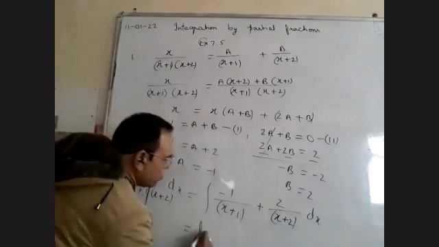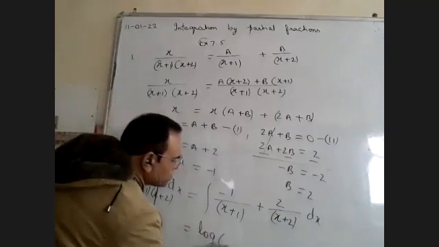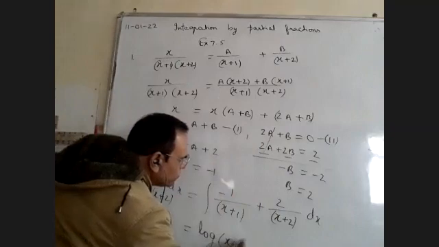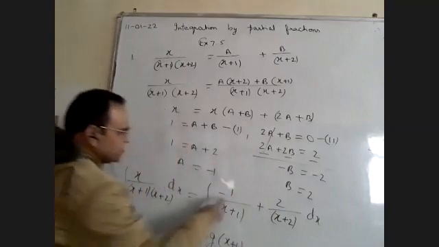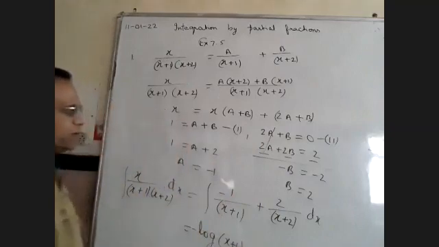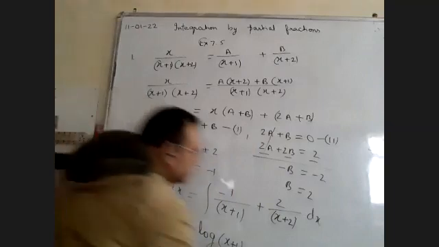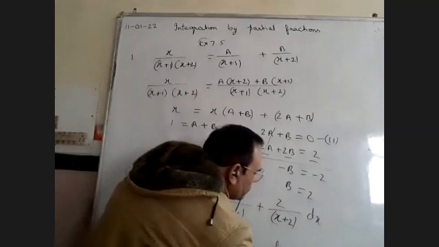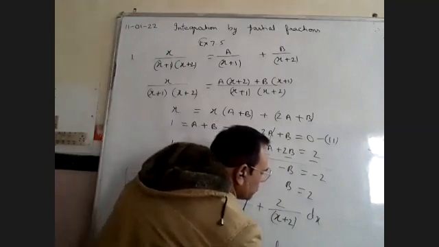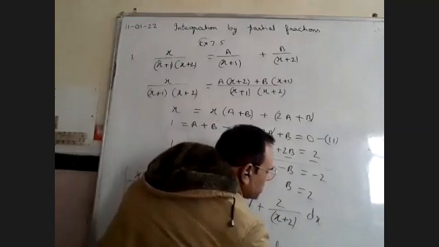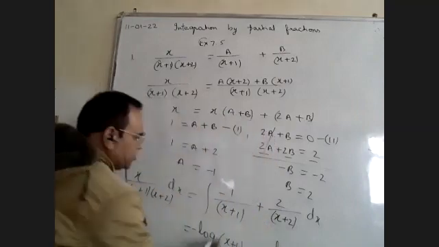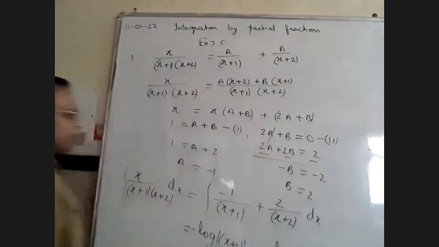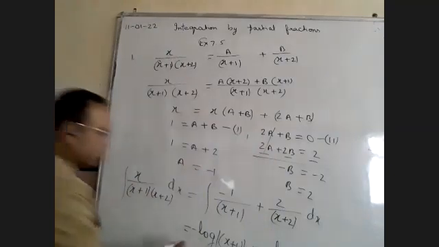That will be log of x plus 1, with the minus sign we are putting here, plus 2 log of x plus 2, plus c. We generally write log in absolute value, so we are putting log always in absolute value, so we can add both the terms.